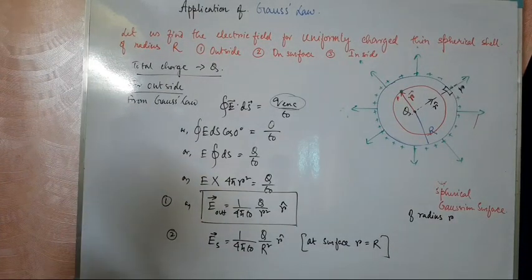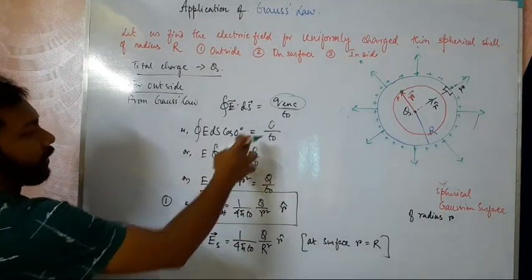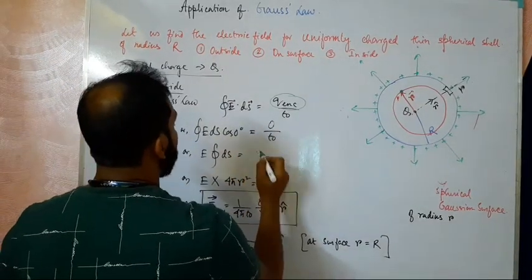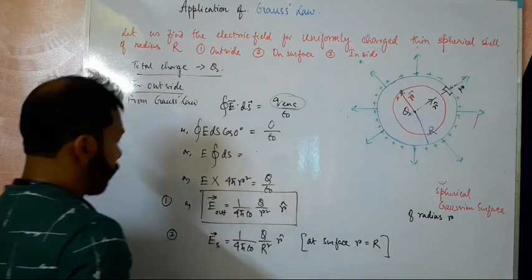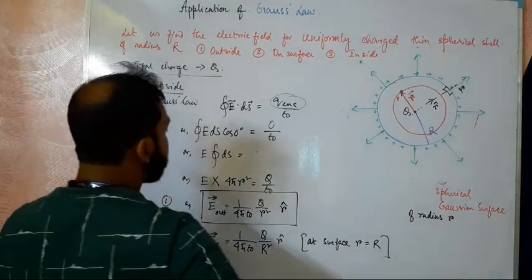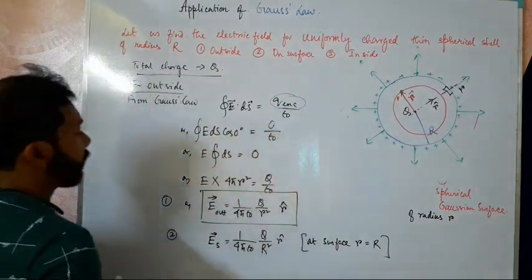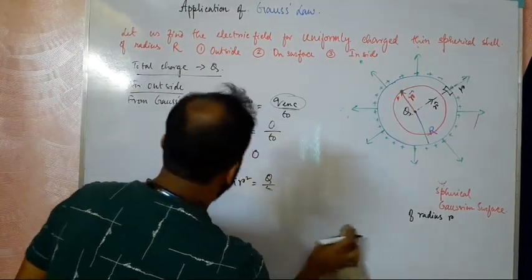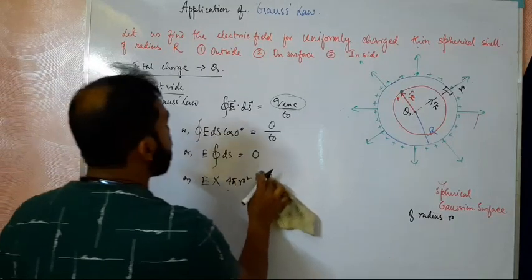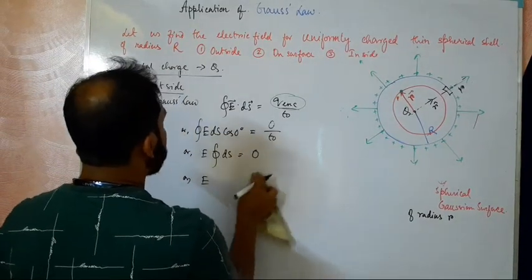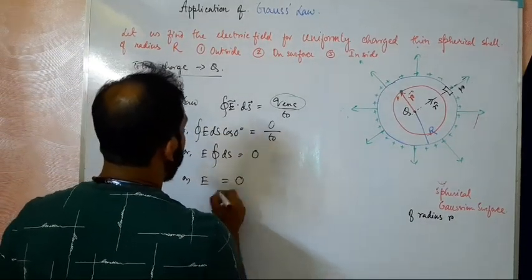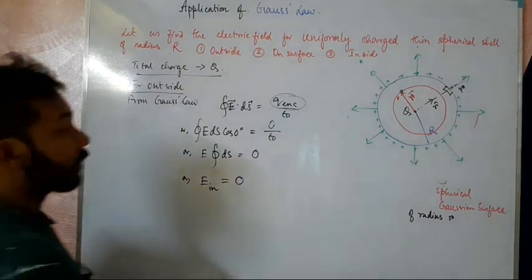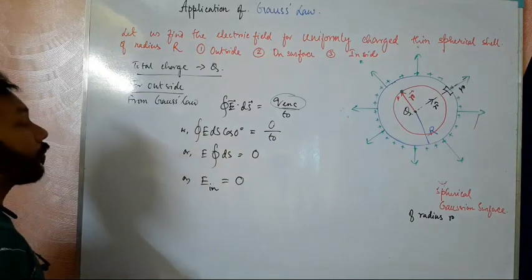Everything is the same, and as the right-hand side is 0, we have the obvious result that the electric field inside the spherical shell is 0.